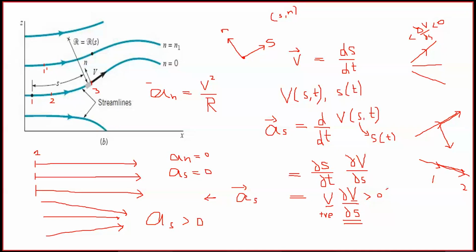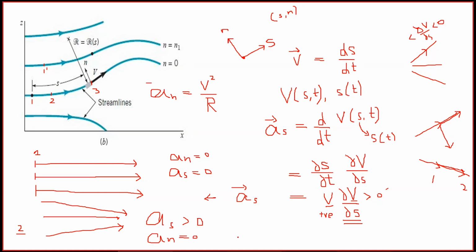Here in the next path, in the second situation where AS is greater than 0, here AN would be 0 again. Why? Because the path is still straight. There is no curvature; the radius of curvature is infinite. ठीक है.